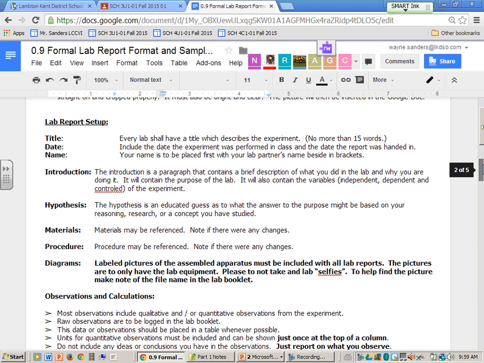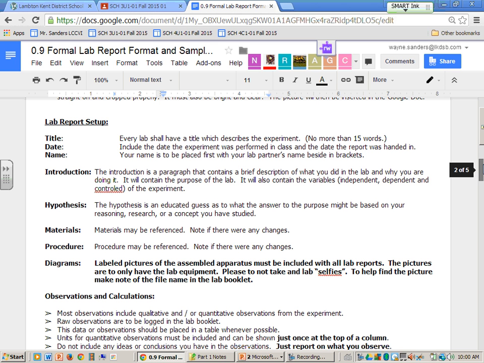All right. This is different than last year. Last year, I would have said, just copy the purpose. But this year, I'm changing your report at the beginning. You will not just copy the purpose. You will write a paragraph called the introduction paragraph. In that paragraph, it will contain the purpose.